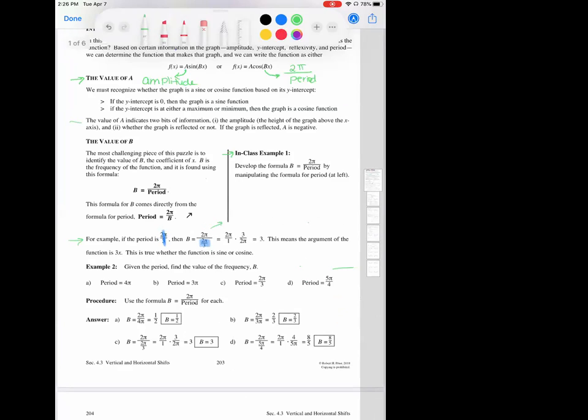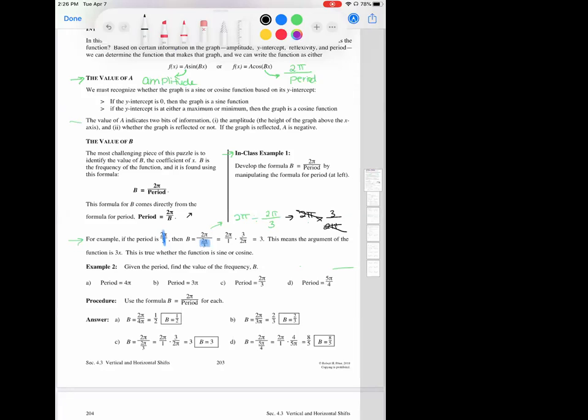You go ahead and if you have 2 pi divided by 2 pi over 3, then you multiply it by the reciprocal. So we have 2 pi times 3 over 2 pi. Our 2 pi and our 2 pi divide to make 1, so we're left with 3. This means the argument of our function is 3x. This is true whether the function is sine or cosine.